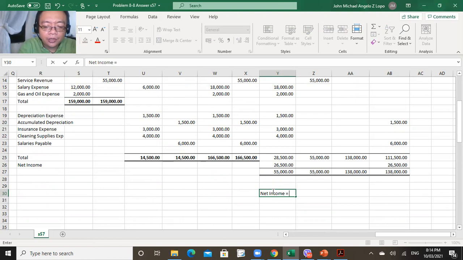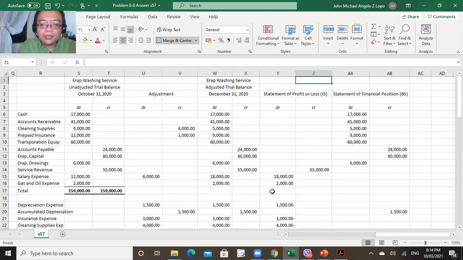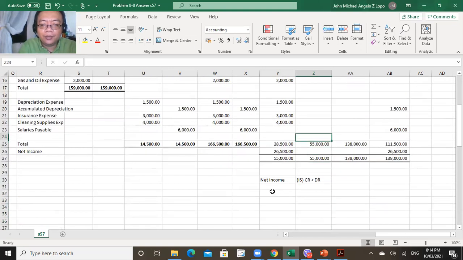If in the income statement account, credit is more than your debit, di ba? As you notice here, credit here is more than your debit.